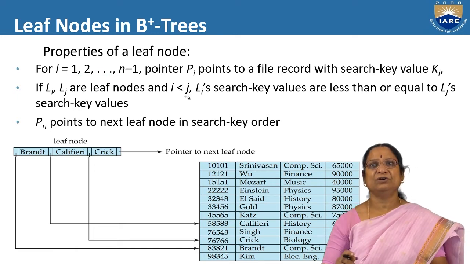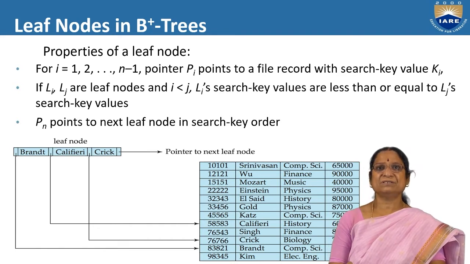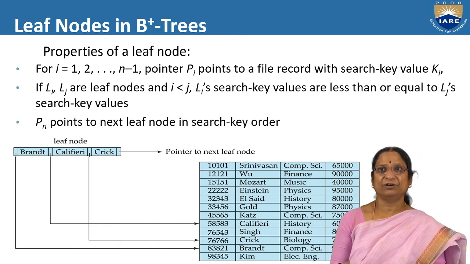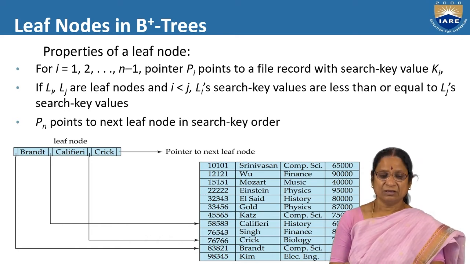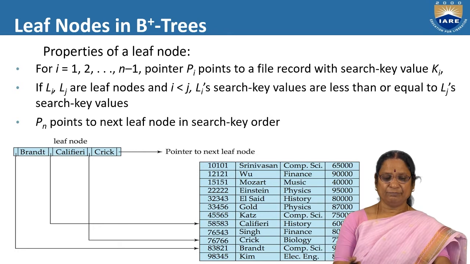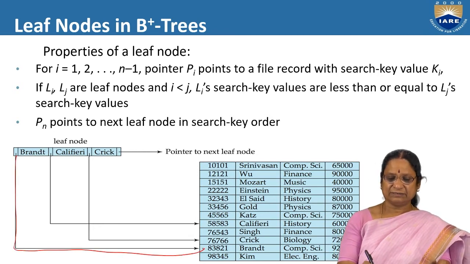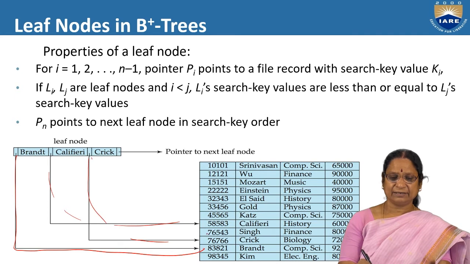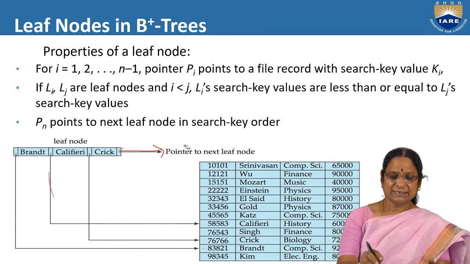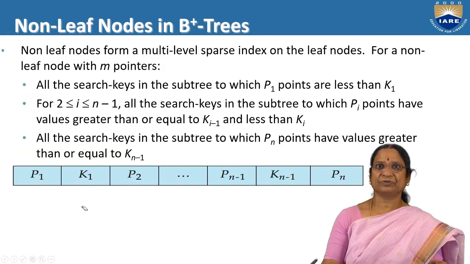All search keys will be in sorted order, and within the node also the keys are arranged in sorted order. The Pn pointer points to the next leaf node in sorted order. For example, you observe here Bandit, California and a creek, Calipari and a creek, and this pointer is pointing to the next leaf node. So this is the structure of the leaf node.